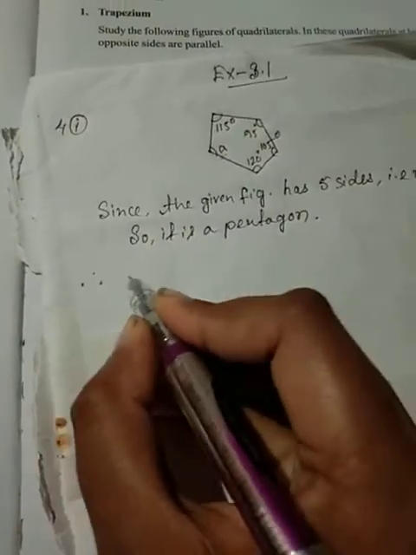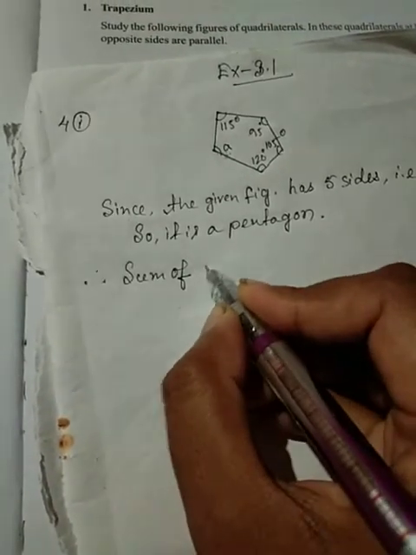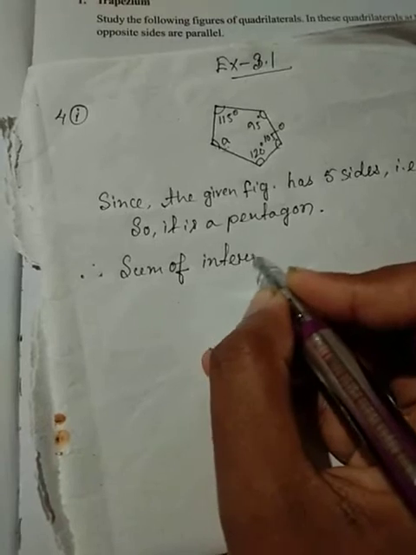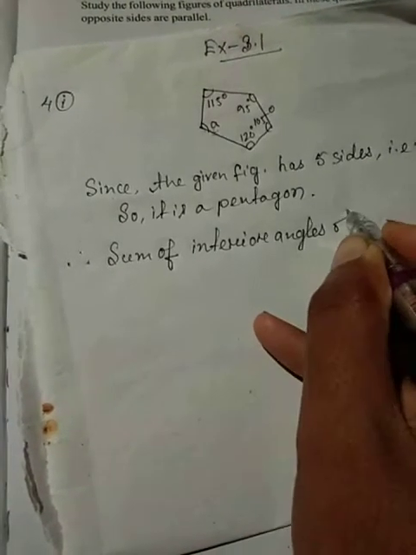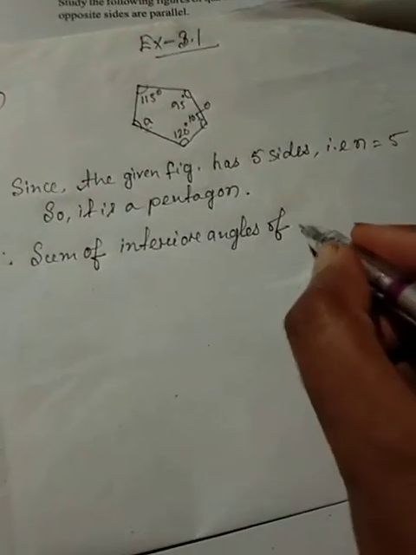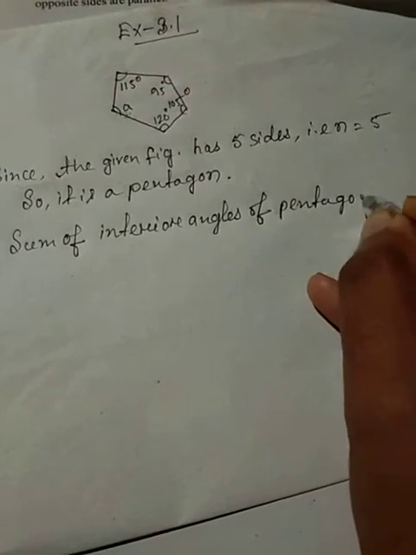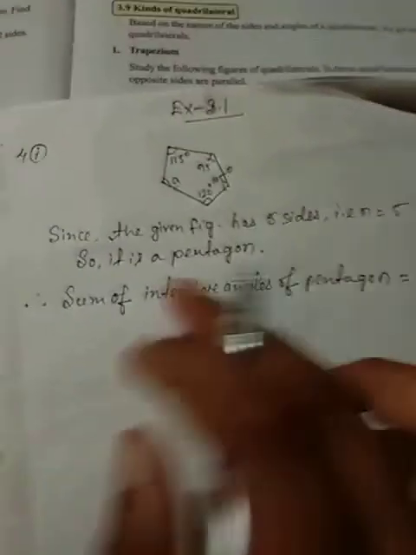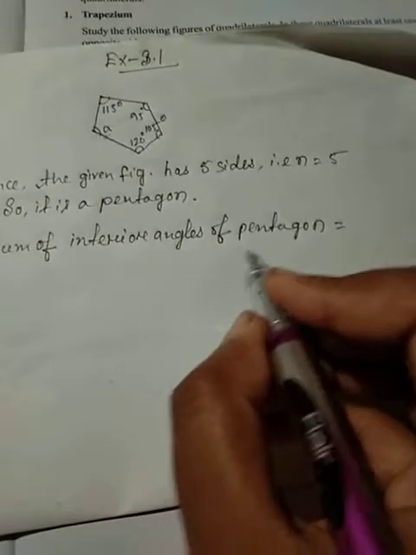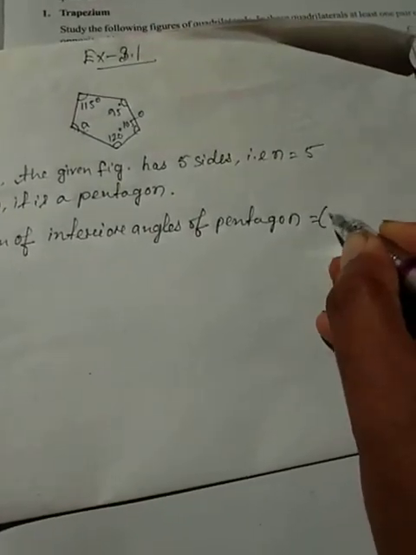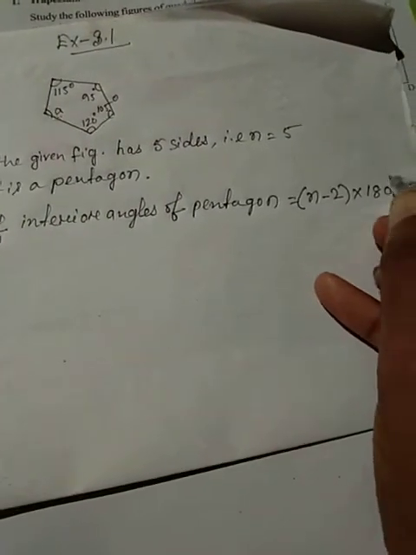Therefore, sum of interior angles of pentagon equal to, by number of sides we find the sum of the interior angles of any polygon by this formula, n minus 2 into 180 degree.